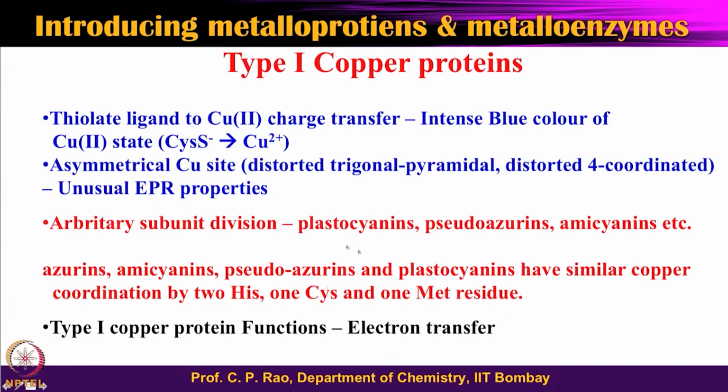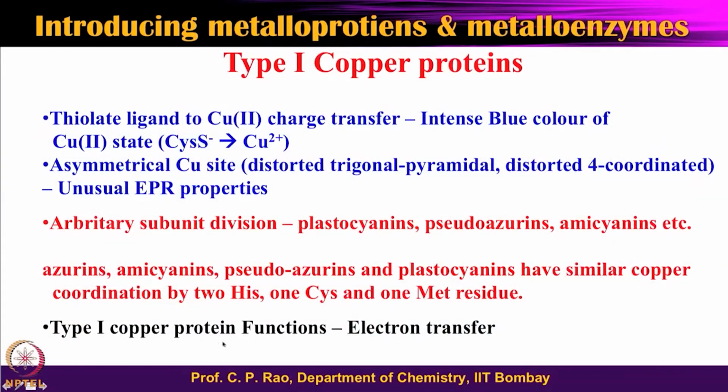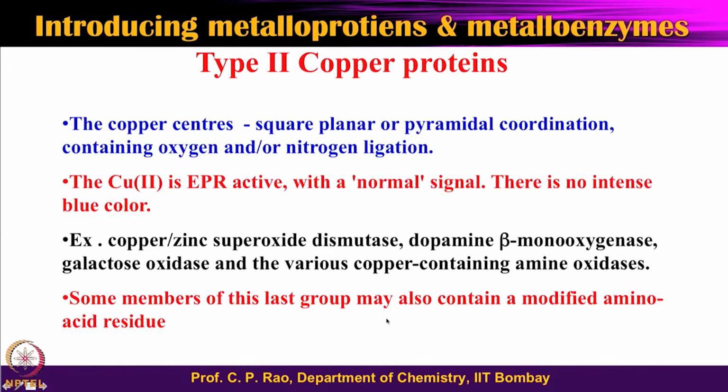I will come into more details of the coordination sphere a bit later, after I cover type 1, type 2, type 3 and other types of protein. So, what is the function of these proteins? The main function of type 1 copper proteins is electron transfer. We will see how they do the electron transfer.